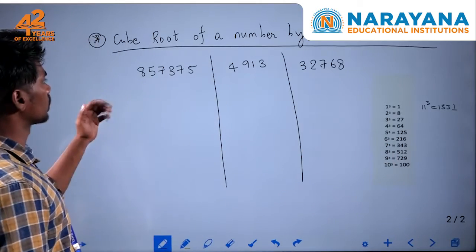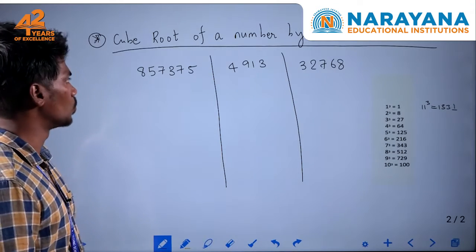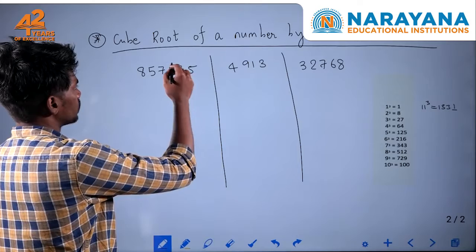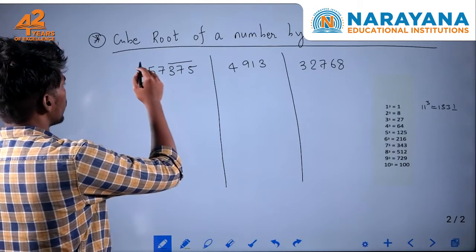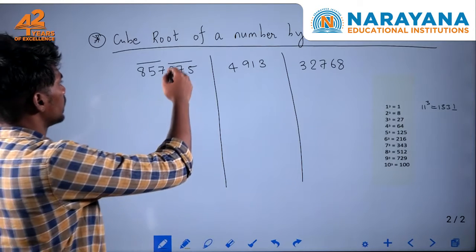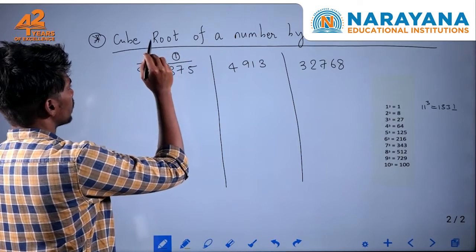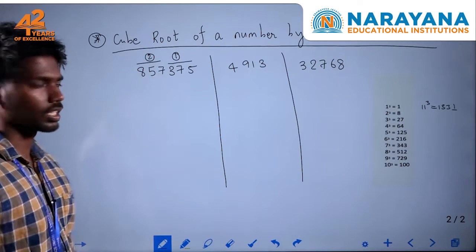So let us come to the first number, 857375. How will you do it? What you will do is you will form groups of 3. So 375, I got one group, and the remaining number also I have a group of 3. So 375 is my first group and 857 is my second group.